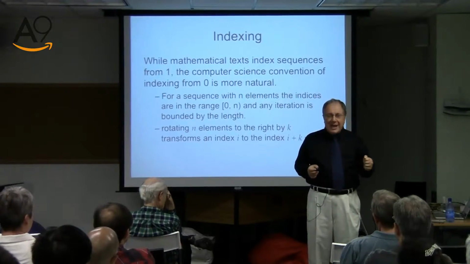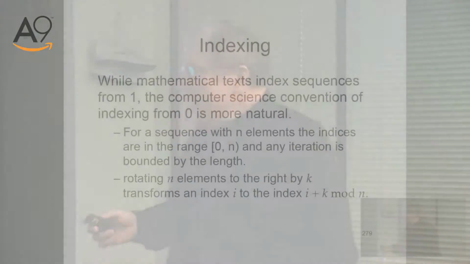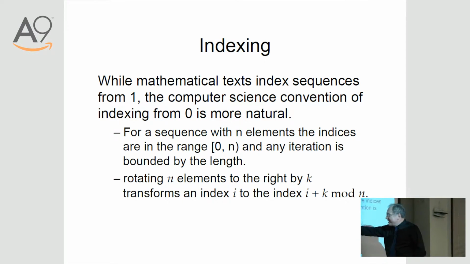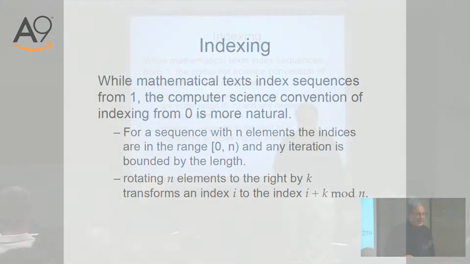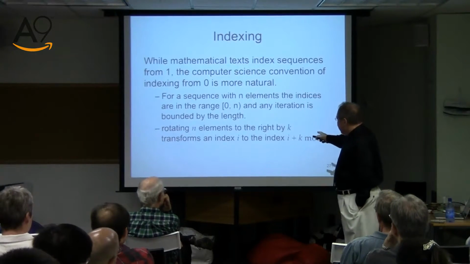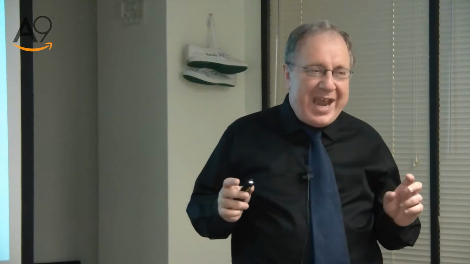But now, after doing mathematics in both terms, let me assure you, indexing from 0 is a more natural thing. For example, if we want to define a permutation which rotates n elements to the right by k, it's so much more convenient if my indexes go from 0, because the transform becomes i plus k mod n. I could write it with 1, but it's very ugly.